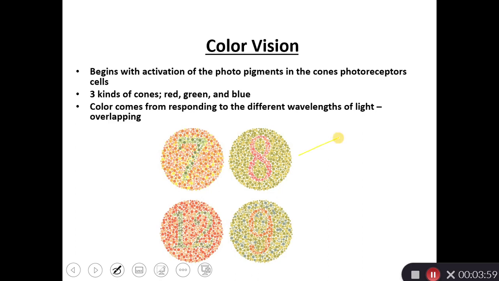So here, in case of color blindness, the person would not be able to read all of these numbers. So here I can see 7, here I can see 8, here I can see 12, and here it's 9. If you are trying to test yourself and you are not able to read any of the colors, you might have a color blindness on one or more colors.